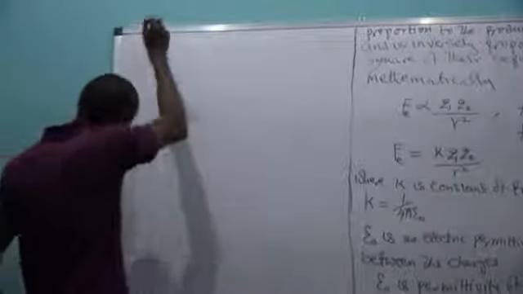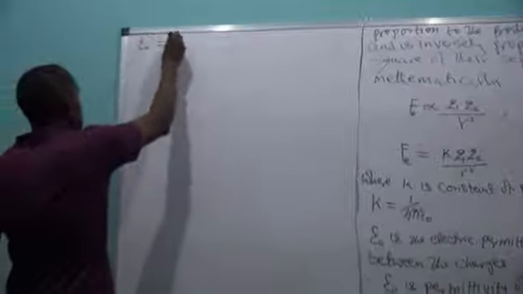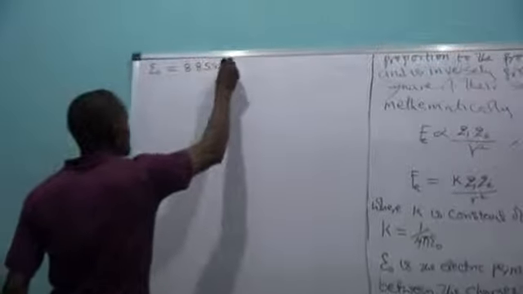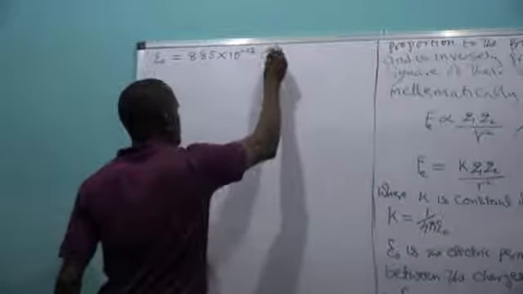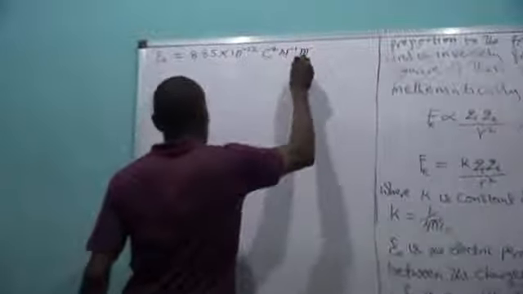Okay, let us look at the value. Epsilon O is equal to 8.85 times 10 raised to the power minus 12 Coulomb squared per Newton per meter squared.